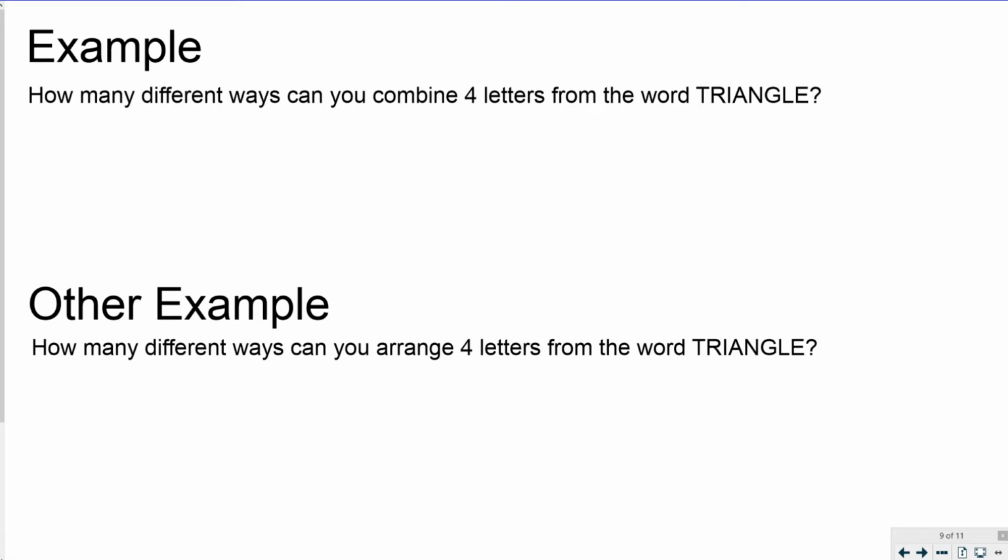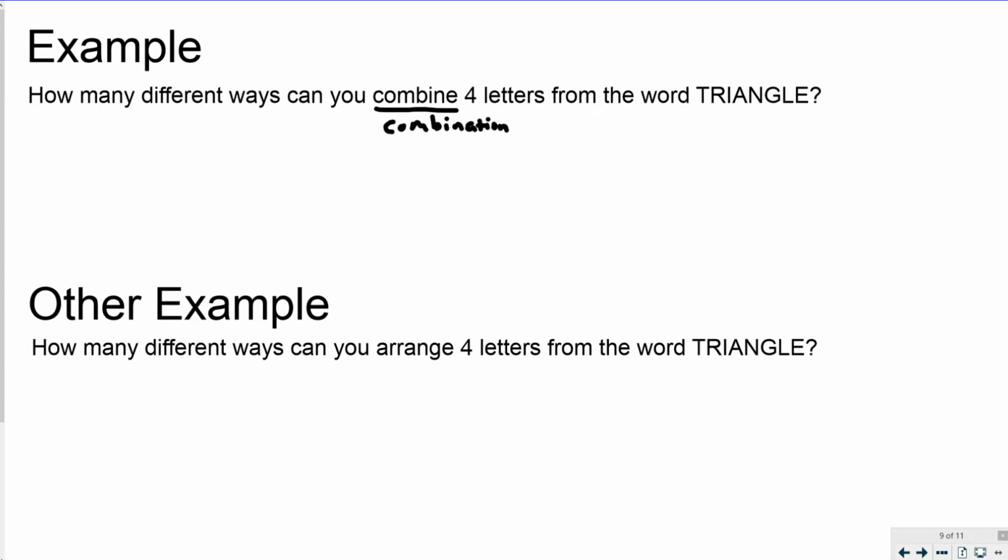Okay, so here now I have an example that's going to directly compare and contrast combinations versus permutations. How many different ways can you combine 4 letters from the word triangle? So that word combine indicates combination. We are going to use the formula for combination.